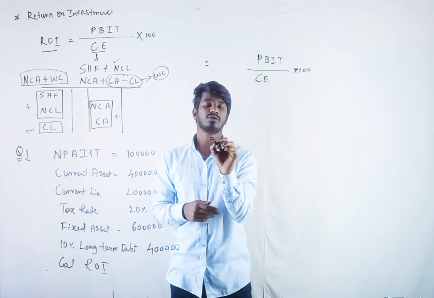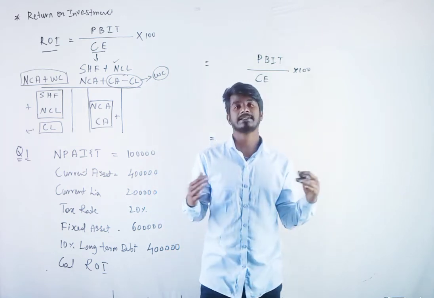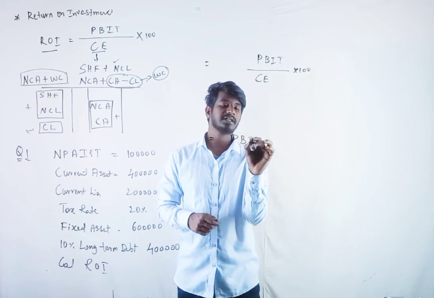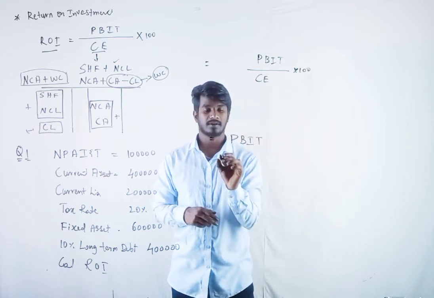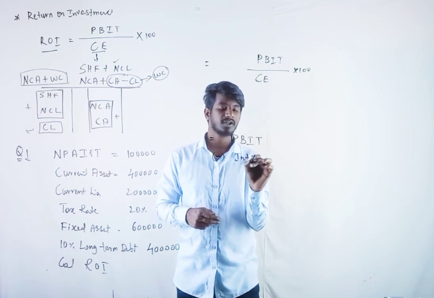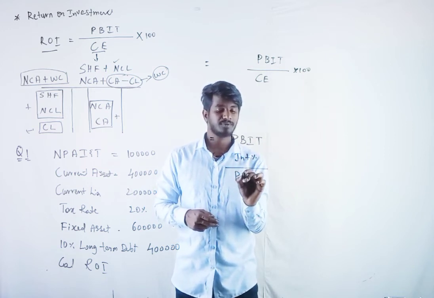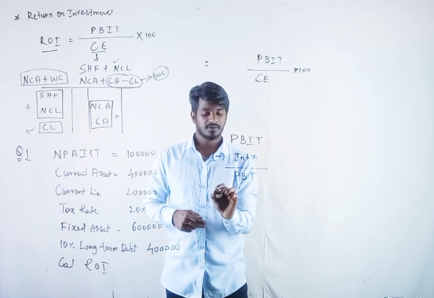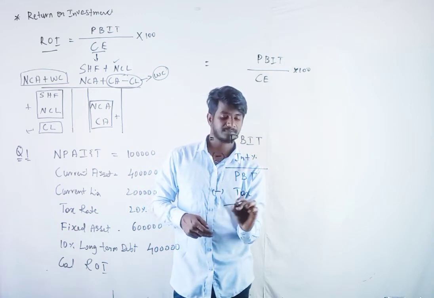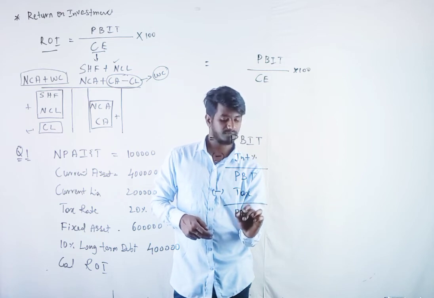First, we should know the profit before interest and tax. From this, if we minus interest, we get profit before tax. Then, if we minus tax, we get profit after tax.